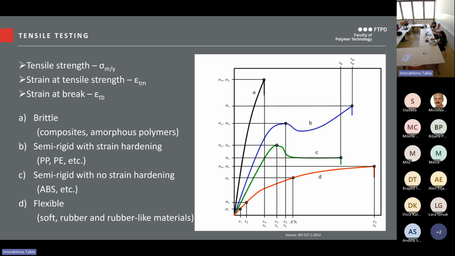In polymers, it's known for composites and amorphous polymers. So these are materials that are not really tough and break at low strains, but have higher tensile strengths.